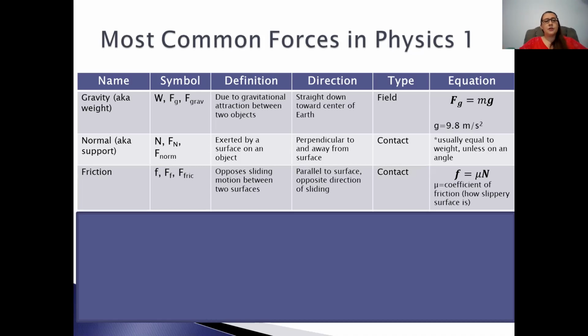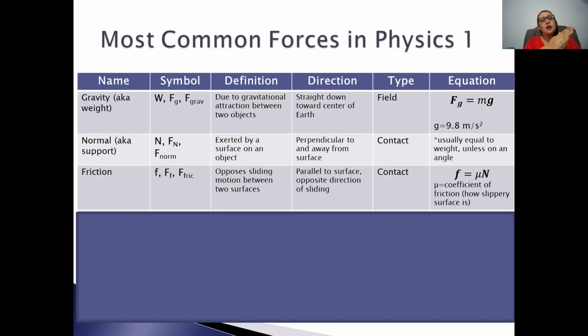Friction, another common force. Usually we'll see this written as a lowercase f, or F sub F, force of friction, or F fric. And so this is the kind of force that opposes the sliding motion between two surfaces, right? So when you rub your hands together, you're creating friction because two objects are sliding against each other.